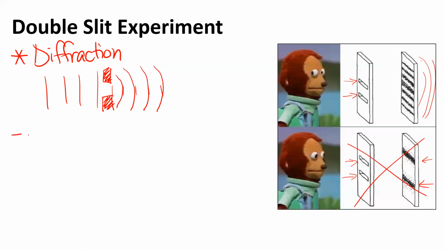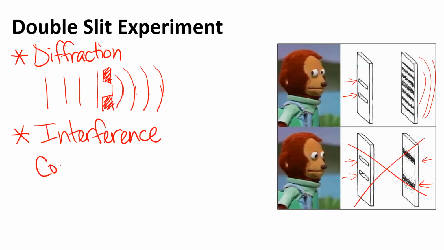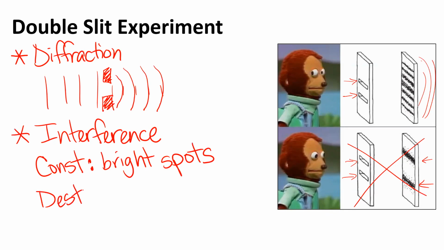So as well as diffraction, we have interference. When we have constructive interference, that's where the crest lines up with crest and trough lines up with trough. This is where we get the bright spots. And then destructive interference is where we get the dark spots.